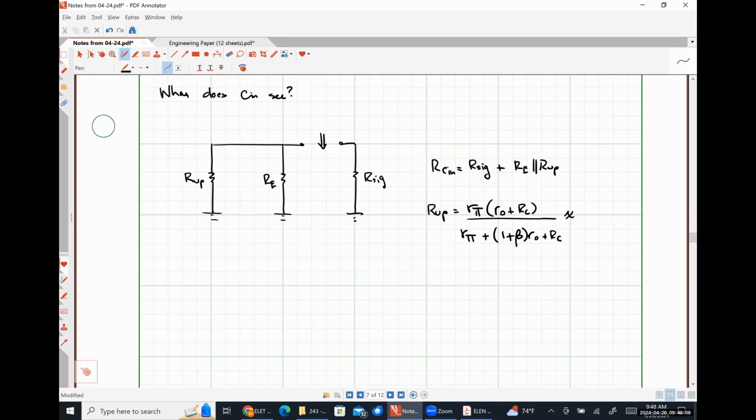And we could approximate this if we were so inclined. The approximation here is if early effect is neglected, or R naught is much greater than R pi and RC, this just comes out to be approximately R pi in parallel with 1 over GM. So that's what Cin sees.